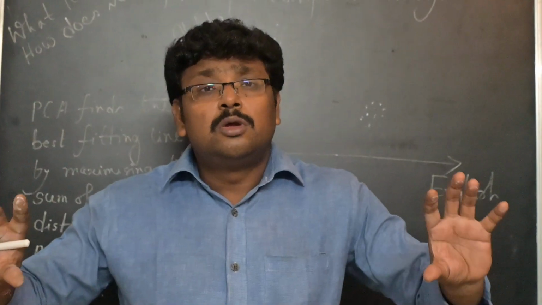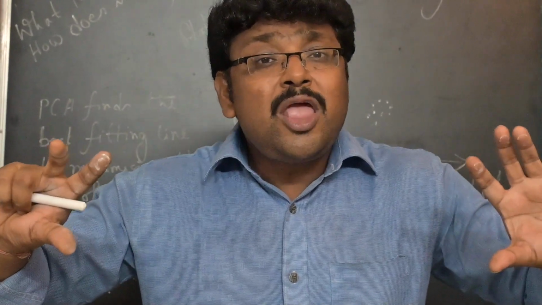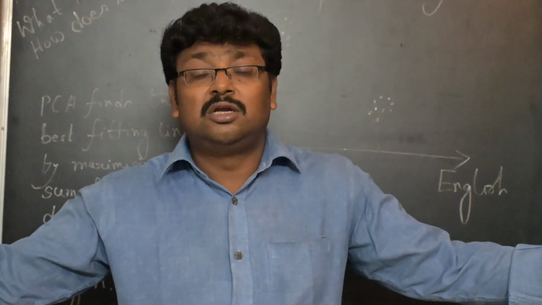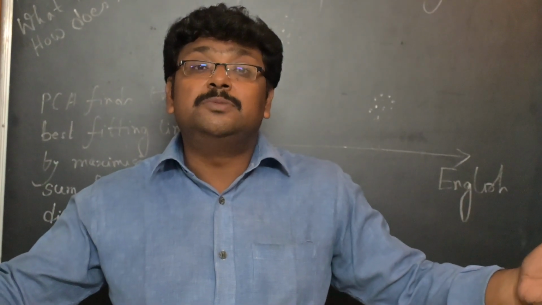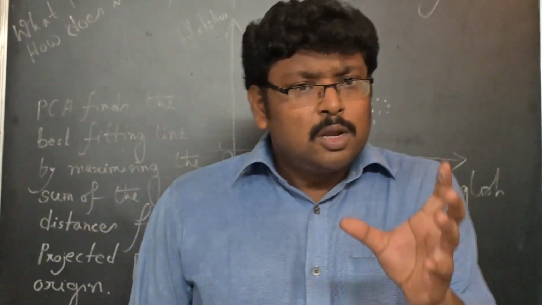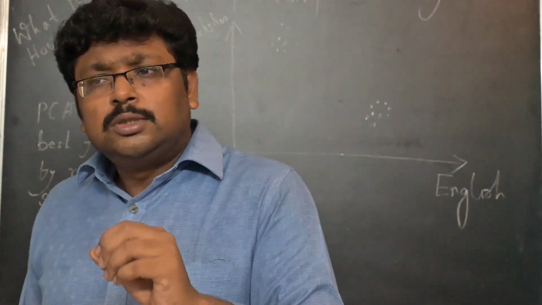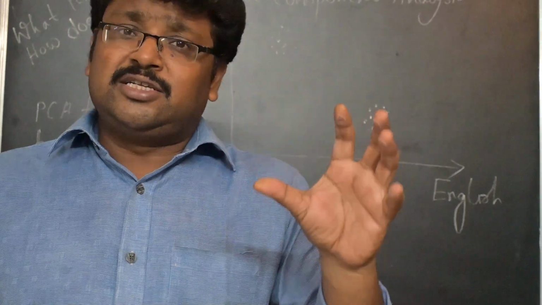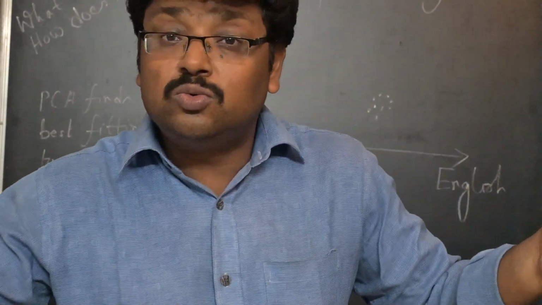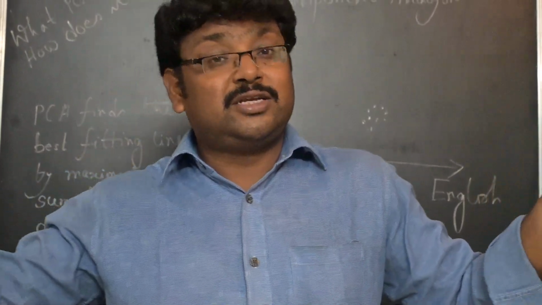So I will try my level best to shed some light. How does the principal component analysis work? You know the vector, you know the eigenvalue, you know the eigenvector.